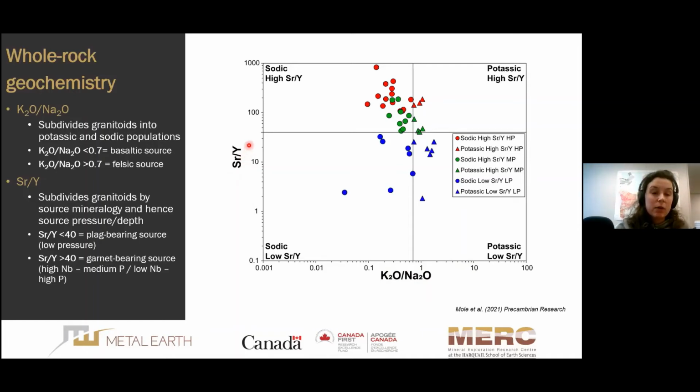And if we have a ratio that's larger, we're probably looking into a garnet-bearing source where you have a higher pressure. And this division between the medium pressure and the high pressure can be done based on the content of niobium. So what we can see from here is that most of my samples are plotting on the sodic side of the diagram.